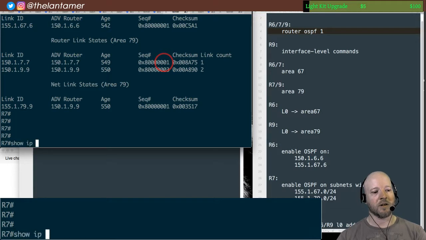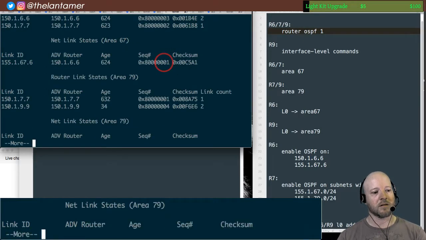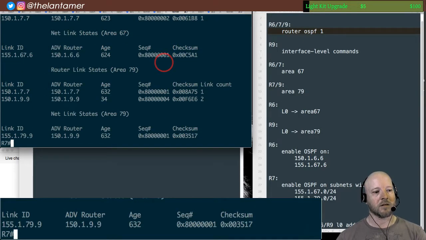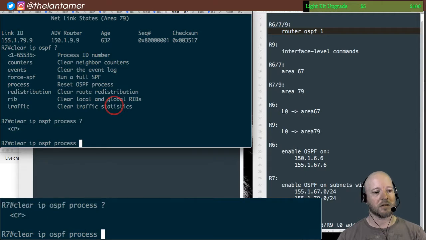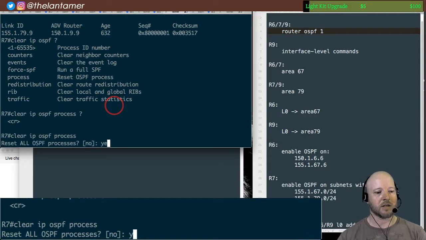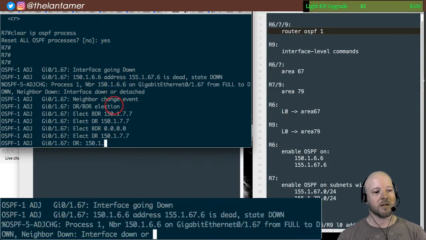Show IP OSPF database. It has probably not reset it. Clear IP OSPF process. Yes. All right.